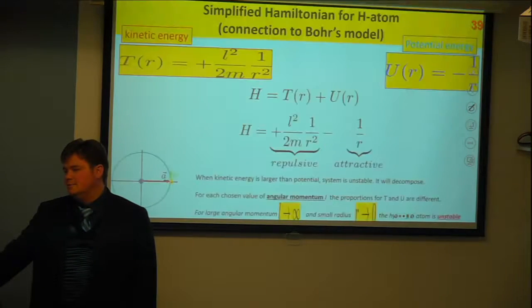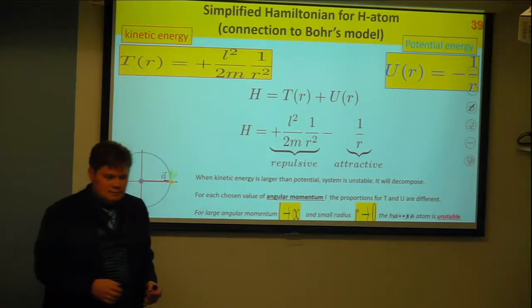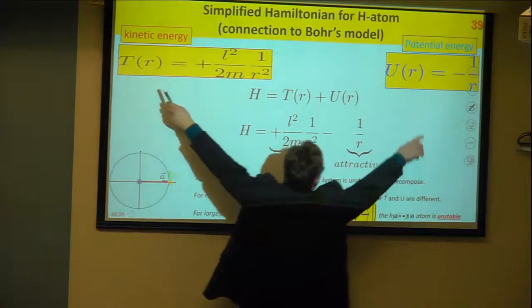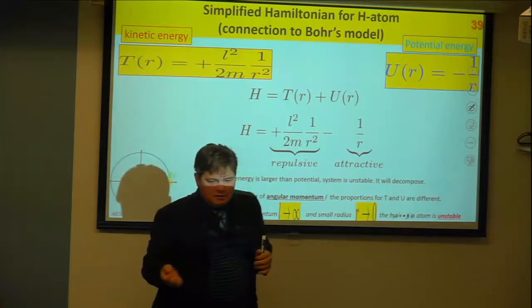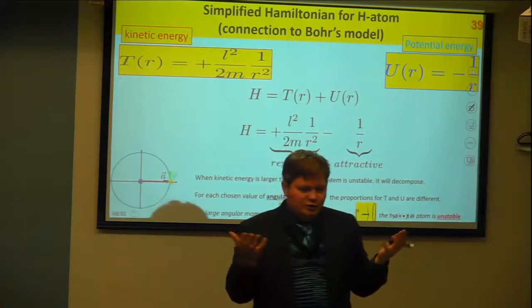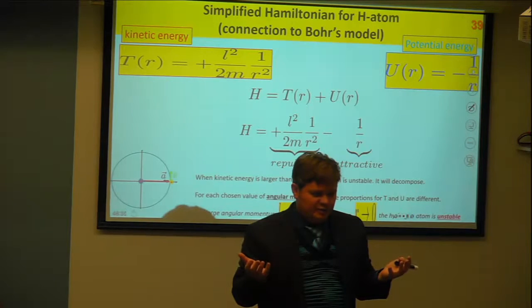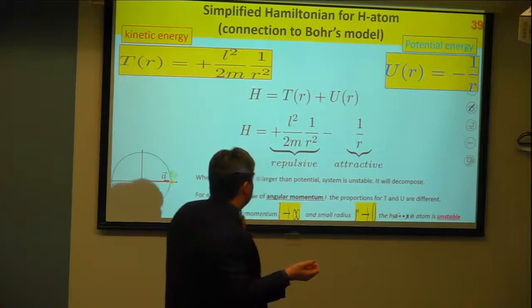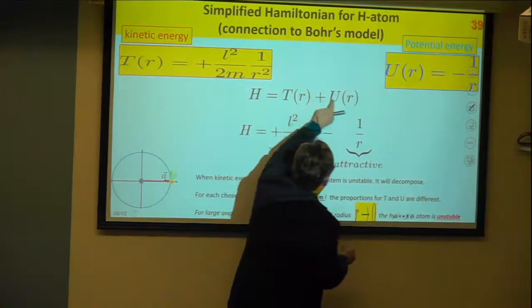So, if you have kinetic energy and potential energy, typically one puts them together for total energy, which we sometimes colloquially call Hamiltonian, right? Kinetic plus potential.